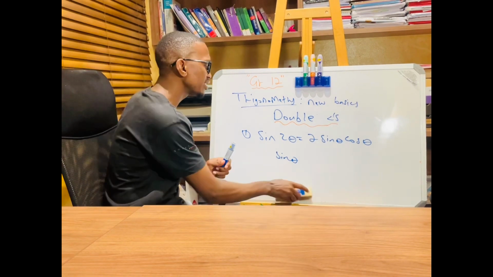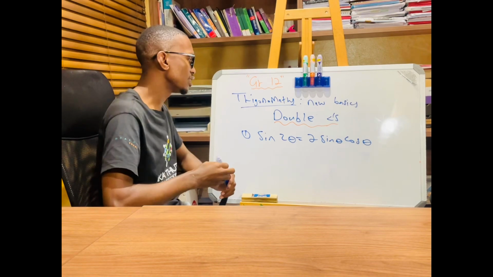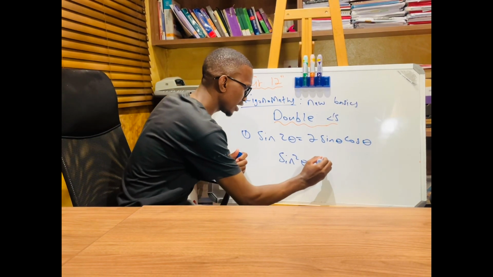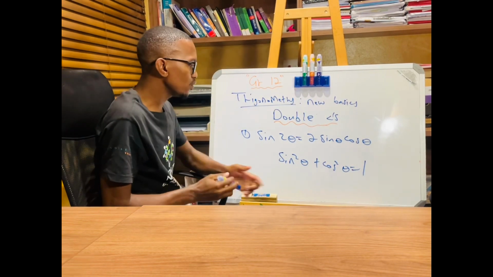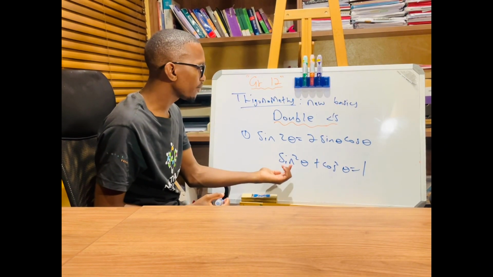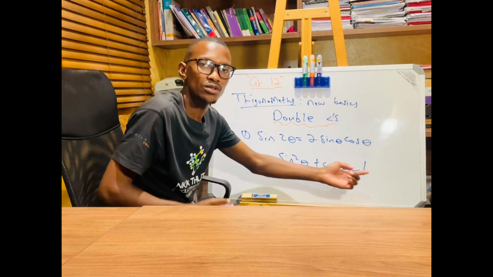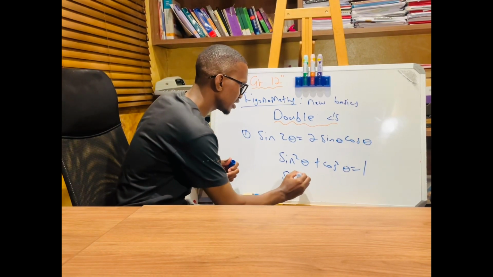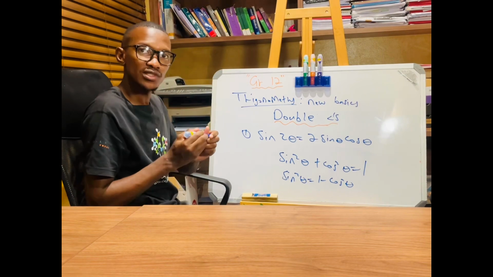And remember, you guys, from grade 10, grade 11, you still remember the square identity: sine squared theta plus cos squared theta equals 1. If you want to find sine squared theta, what must you do? You take this one to the other side, making use of algebraic skill. So I'm gonna say sine squared theta equals 1 minus cos squared theta. Simple as that.